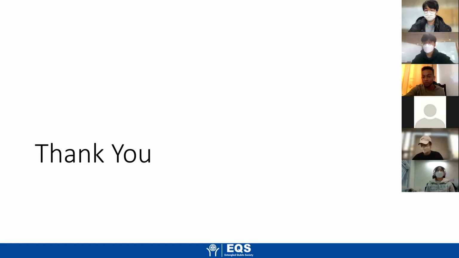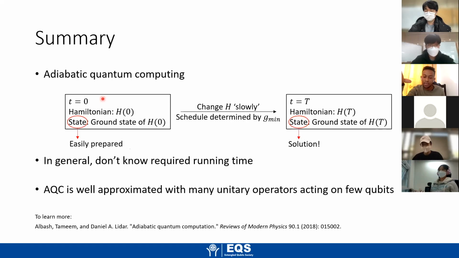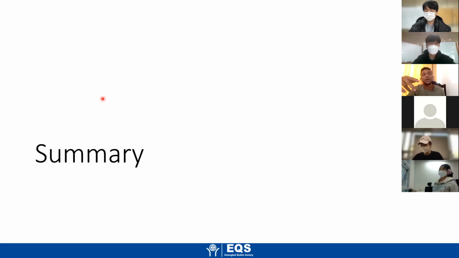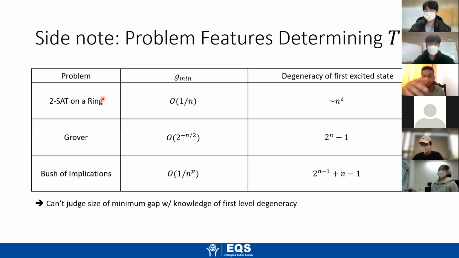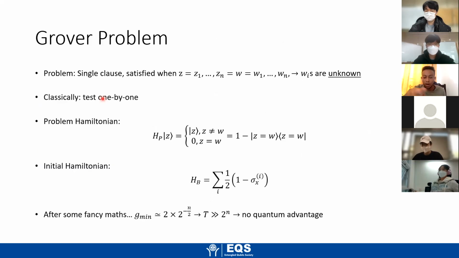We want it to be slow enough not to mix up those states, right? But I saw that you related it with the size of the problem in the previous slide. How do you relate the size of the problem with the complexity? Maybe while you're trying to determine epsilon and G-min.